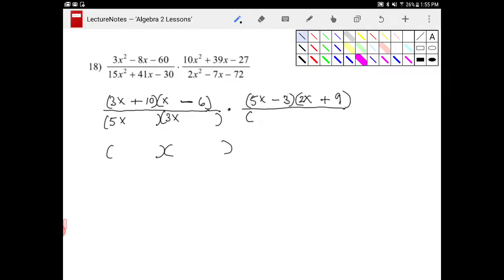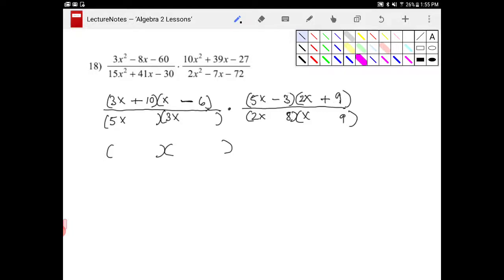And then the denominator, 2x squared minus 7x minus 72. So this is easier because the leading coefficient there is prime. And I need 72. So 12 and 6. Would 12 and 6 work? No. I need 72. 9 and 8.